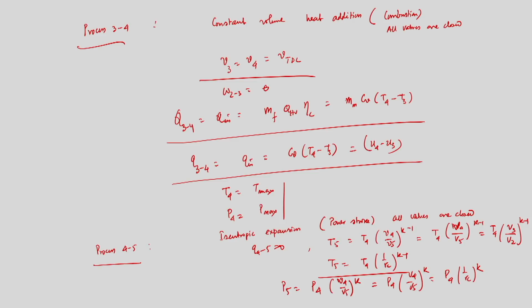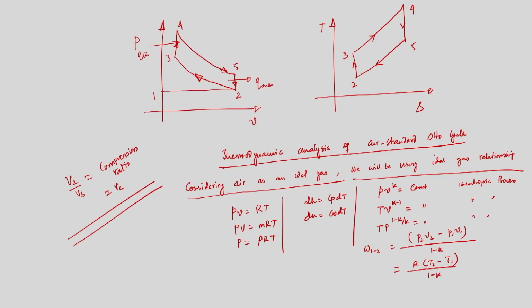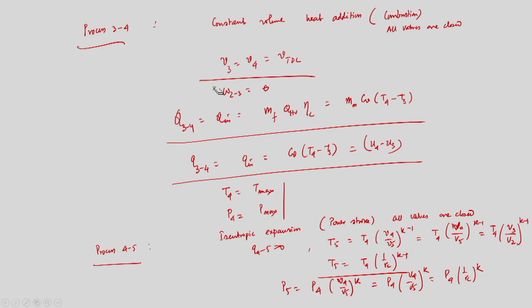Now, another process is constant volume heat rejection. So, that is process 5 to 2. If we go back to my previous slide, process 5 to 2 is constant volume heat rejection. Again, what we know is that exhaust valve open, intake valve close.